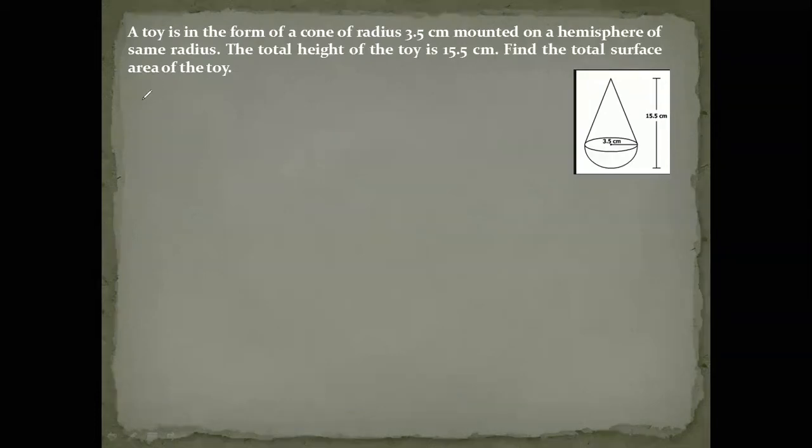So let us start. So let us write first what is given to us. So radius is given, radius of the given toy, because cone and hemisphere both are having the same radius, so I'm just going to write the radius of the toy, and we can denote it by R, and that is 3.5 centimeter.